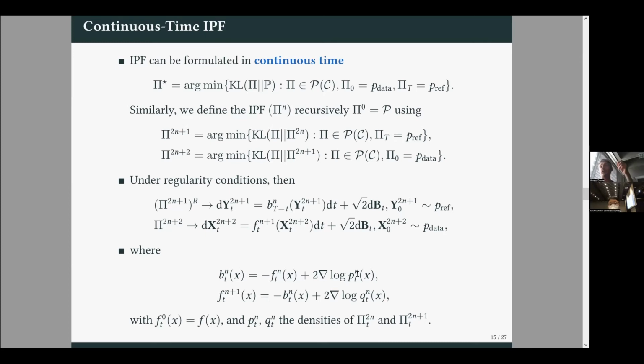And you have a recursive expression between the drifts of these diffusions, which involves the intractable score, which can be estimated using the same type of regression ideas that were presented beforehand. Okay, so that's really the core idea behind these Schrodinger bridge type techniques.